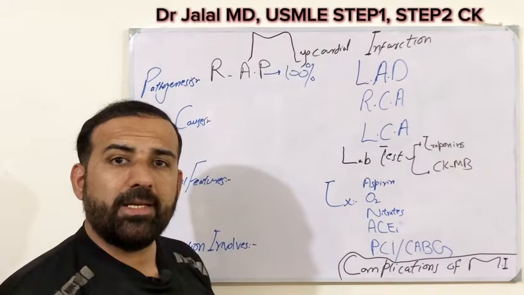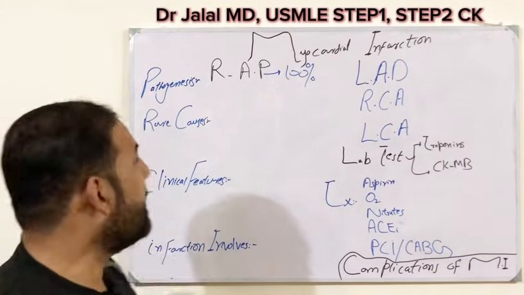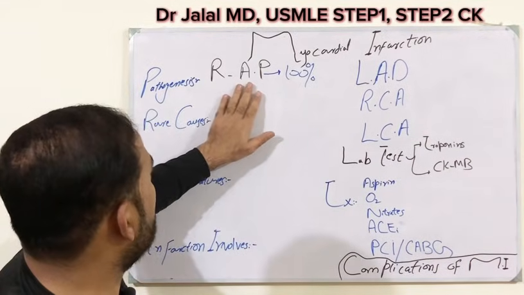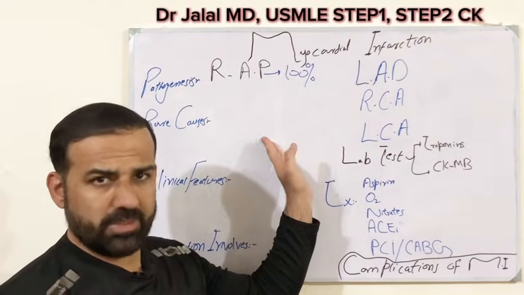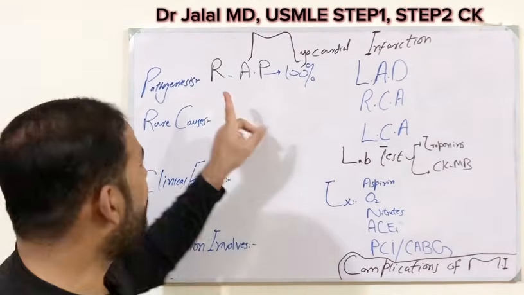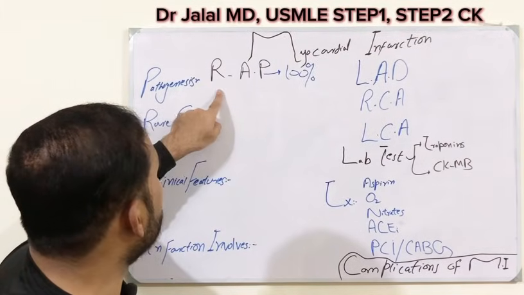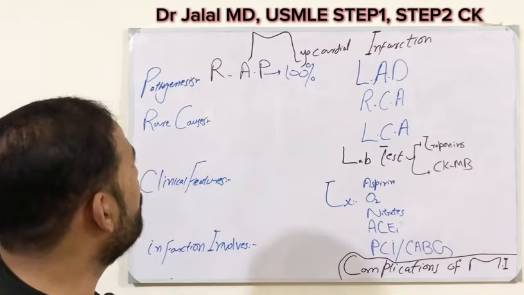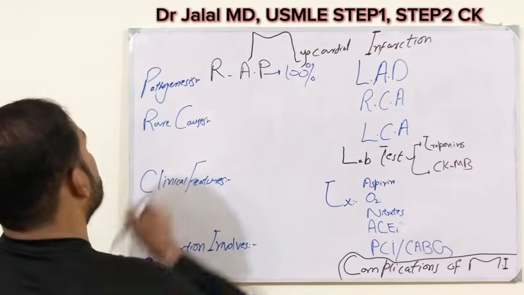Now you might ask that in unstable angina, we also had the same pathogenesis. Ruptured atherosclerotic plaque was also seen there. Distal portions of coronary vessels were blocked. But what differentiates myocardial infarction from unstable angina is that the duration of symptoms lasts more than 20 minutes, right?